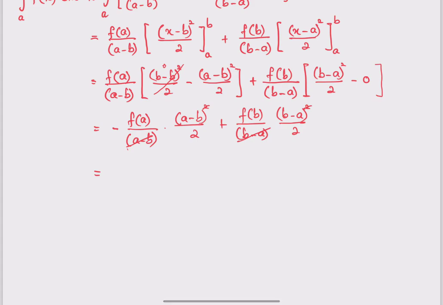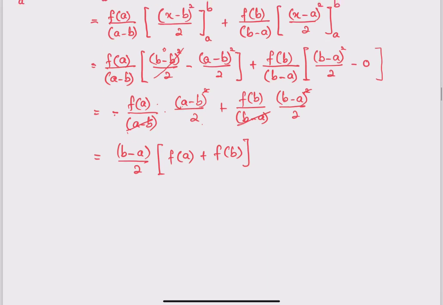And then you can cancel the same terms. Let's bring out (a minus b) divided by 2, because if you multiply the minus with the (a minus b), what you get is (b minus a) divided by 2 for both, and your f(a) now becomes positive, plus f(b). And then we know that b minus a is actually h.